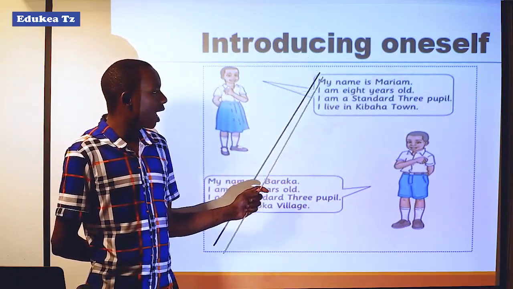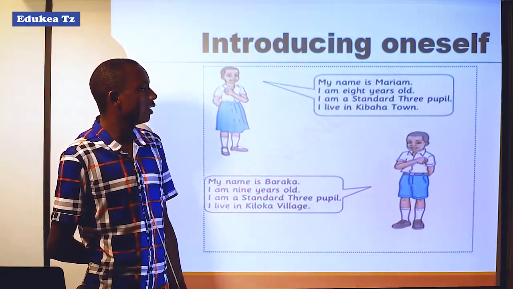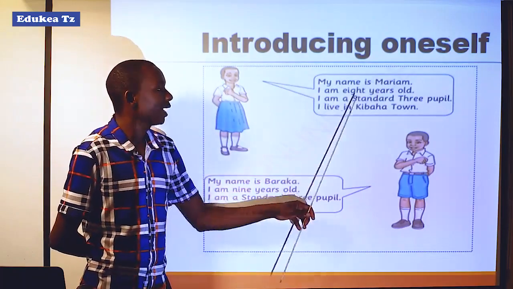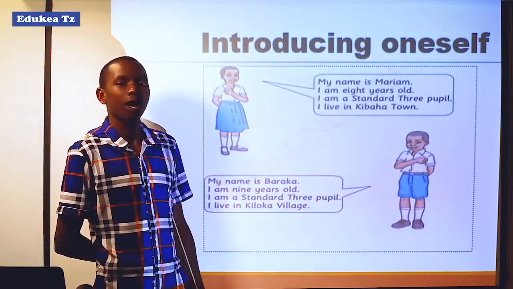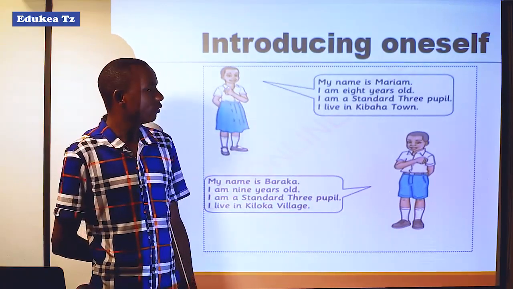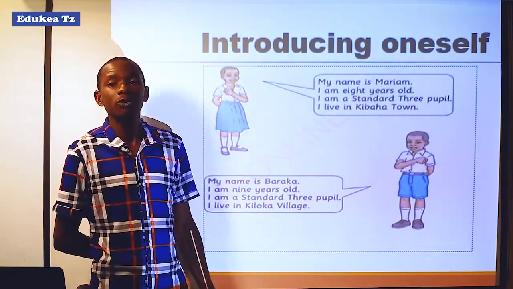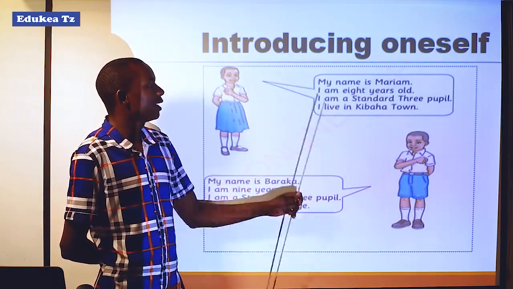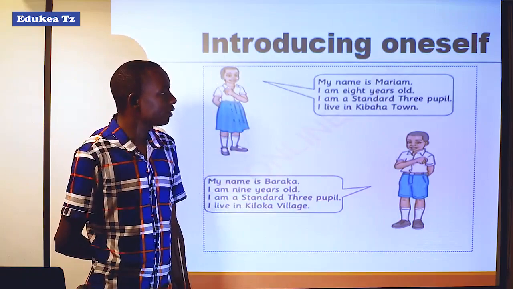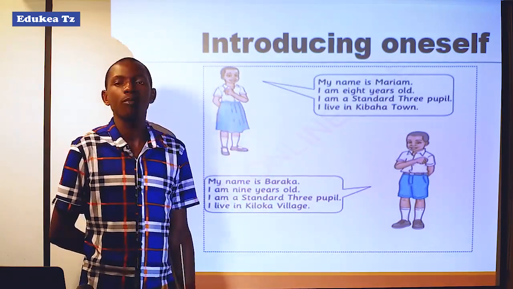Here Mariam said that she is 18 years old. The third one is which class you are studying. Here Mariam has told us she is a Standard 3 pupil.